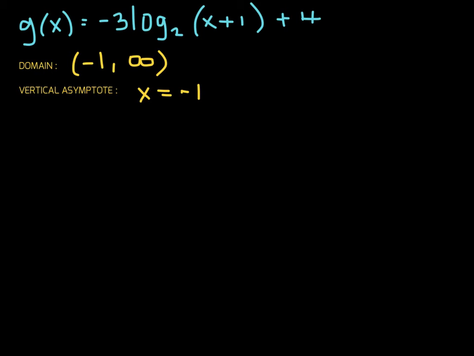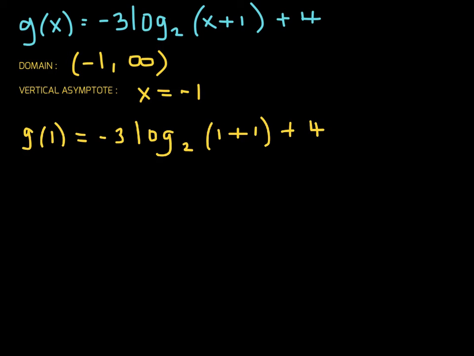So g of 1 would be negative 3 times log base 2 of 1 plus 1, then plus 4, which is equal to negative 3 log base 2 of 2, plus 4.